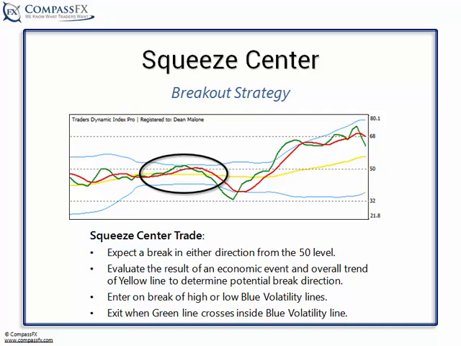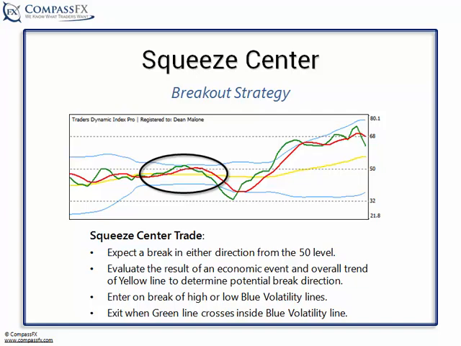Oftentimes, because of that announcement, we may get a strong break. So you want to be aware of that. If there's a strong break, then look for any retracement back towards the squeeze area in price and then continuation. Like the other two, we're looking for a break of the blue volatility line to enter the trade.